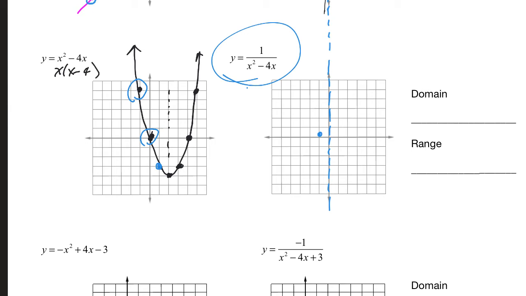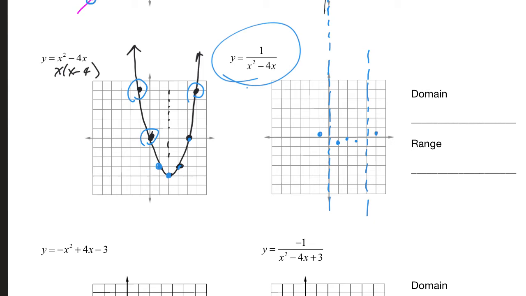The reciprocal here of -3 is going to be -1/3. The reciprocal here at -4 is going to be -1/4. Here's another -1/3. This will be an asymptote. 1, 2, 3, 4, asymptote. And this value up here is going to have a reciprocal that looks like this.